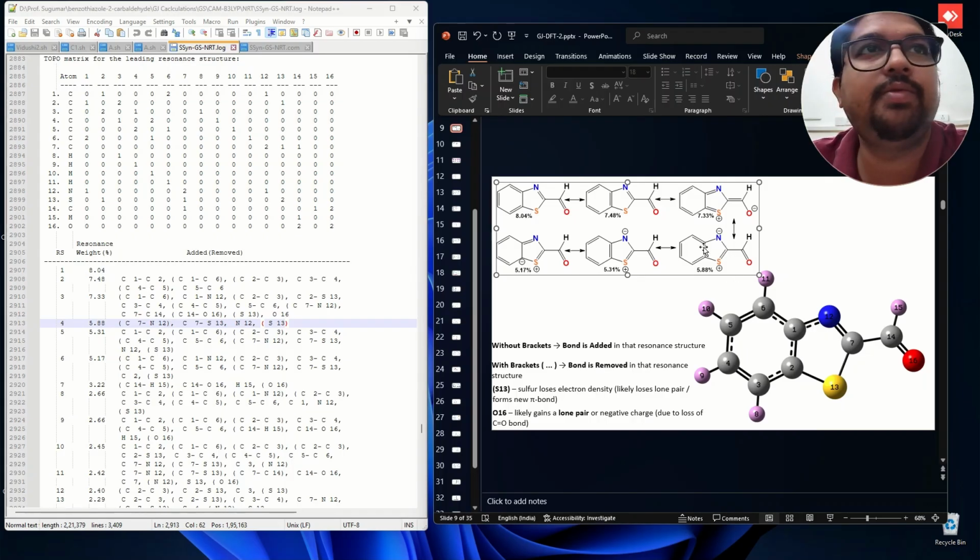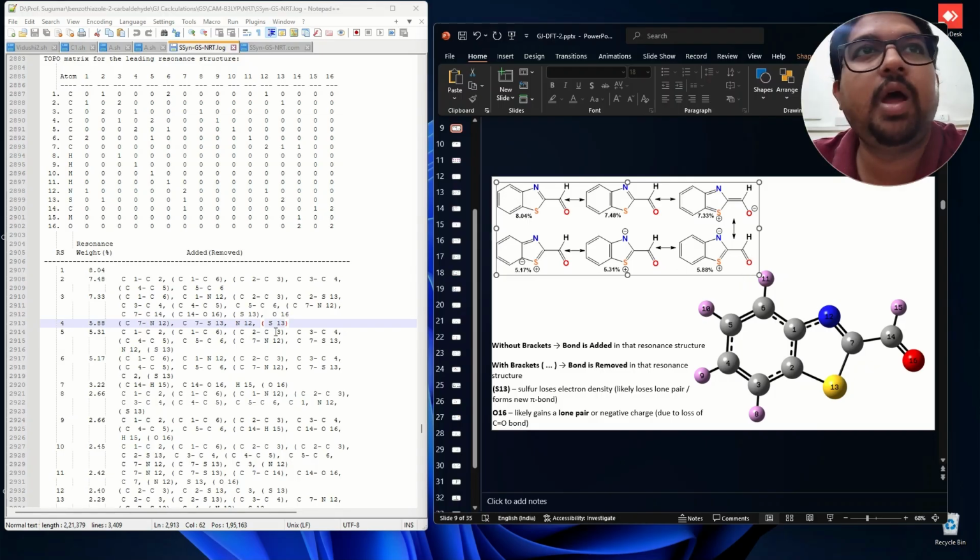Now C7 and 13 without bracket means it will be a double bond. 7 and 13, in the initial structure it is a single bond, now it is a double bond here because it is given without bracket. So these are the two changes. Other than that, all of the bonds will be the same as your leading structure. So if you see, these bonds are similar to that.